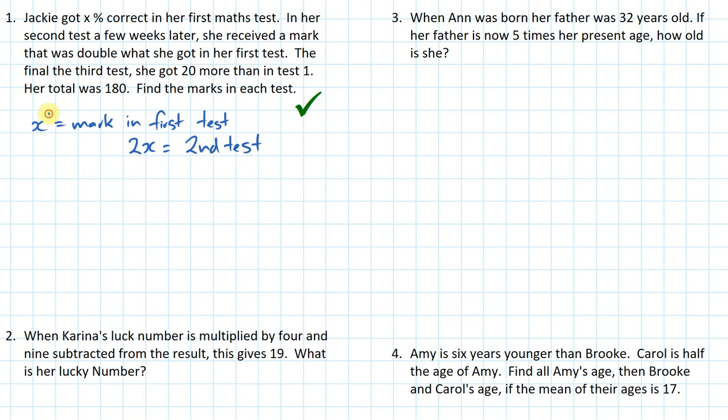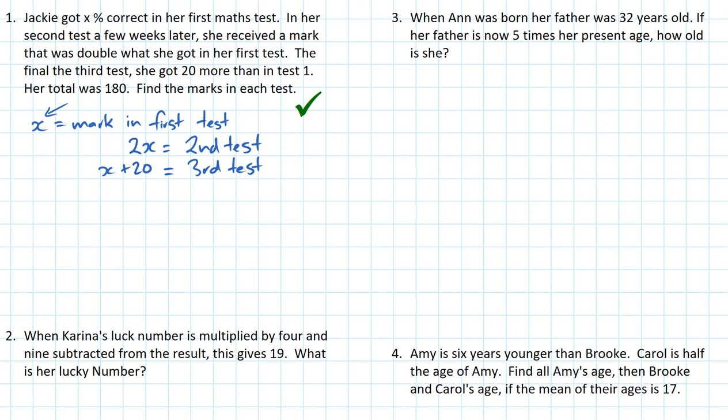So this is test 1's mark. So 20 more means plus 20. So in the third test, she got X plus 20. As you're reading through the question, sometimes it's good just to jot down a few notes here.